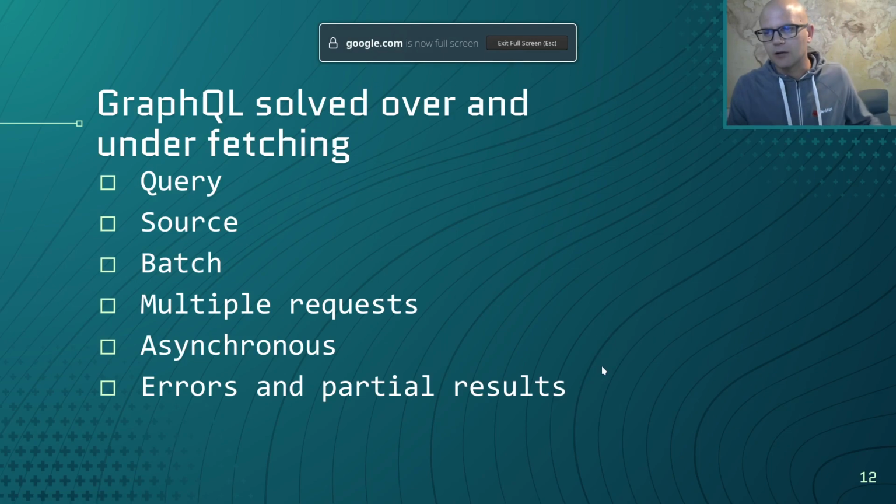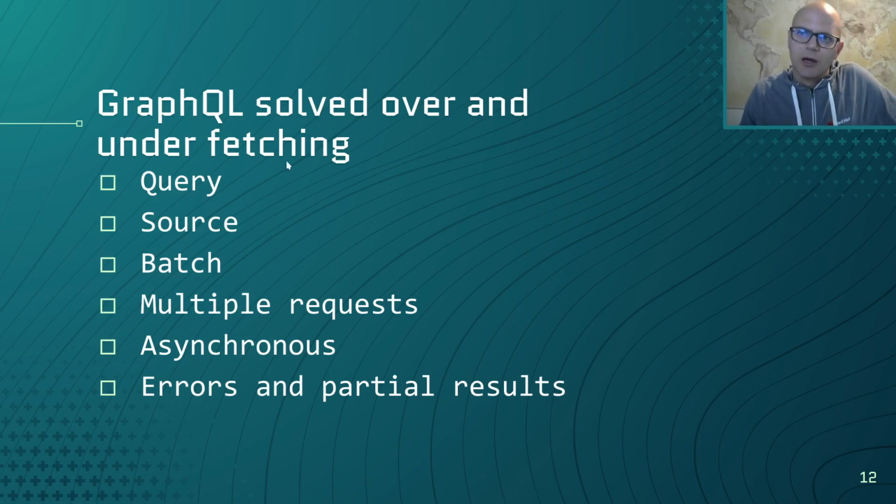So what we've done, just to recap, is I've shown you how GraphQL solved over and under fetching by using queries and source fields and batches. I've shown multiple requests, which you can bundle into one. I've shown how you can use asynchronous to do stuff concurrently, and I've shown errors and partial results.